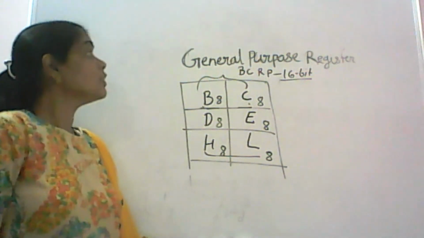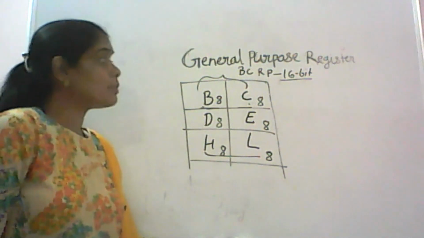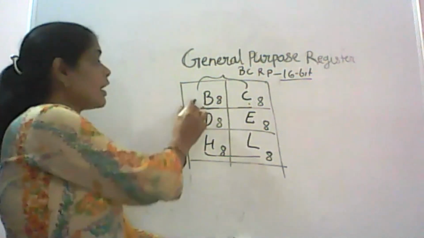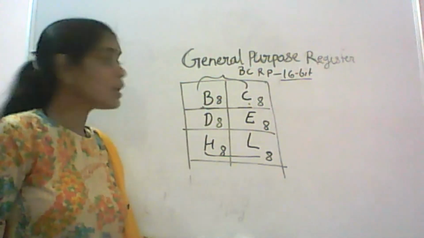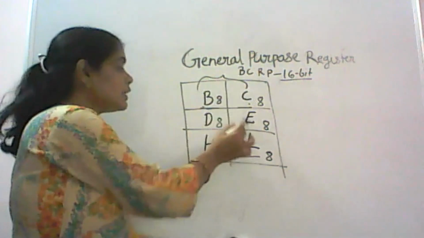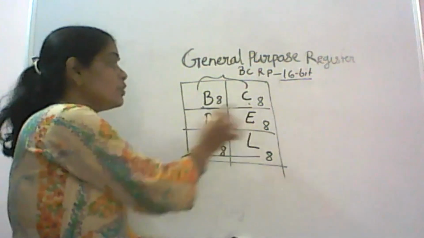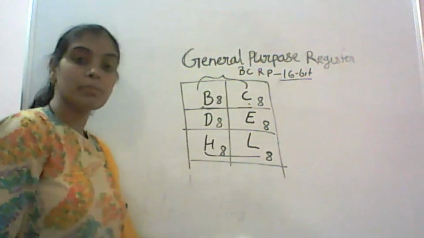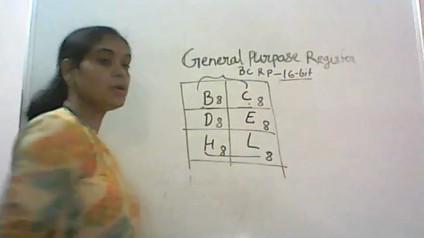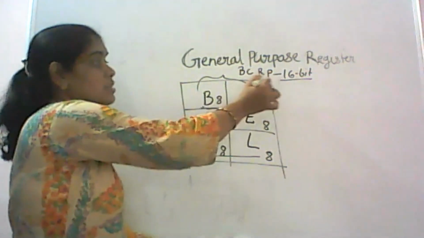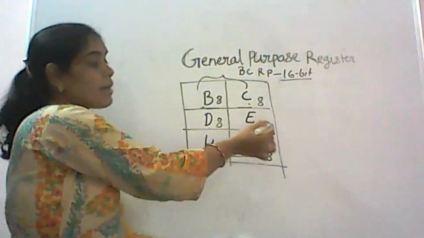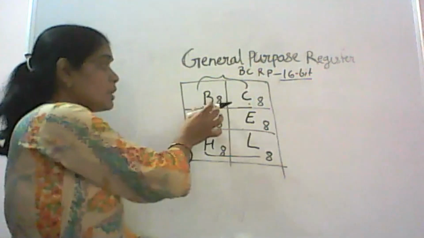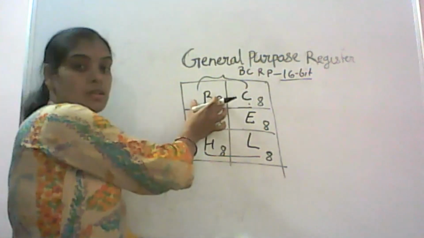Okay, and so I'm again repeating general purpose registers in 8085. There are 6 8-bit general purpose registers, namely B, C, D, E, H, L. इन्हें हम individual use करते हैं तो these registers are 8-bit. अगर combined use करते हैं as a register pair तो कितने bit का होगा 16-bit का. So BC register pair is 16-bit. DE register pair is 16-bit. Also HL register pair is 16-bit. But individually B register is an 8-bit register.